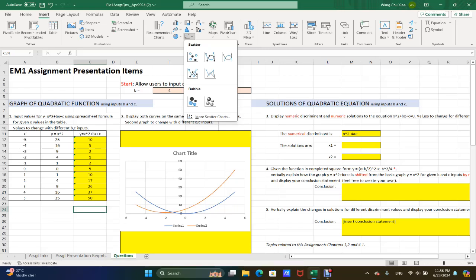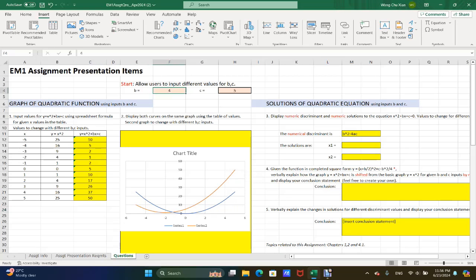So these are the two graphs, the two lines that I actually got in this graph. For the graph, the numbers B and C can change the shape and the line of the graph.